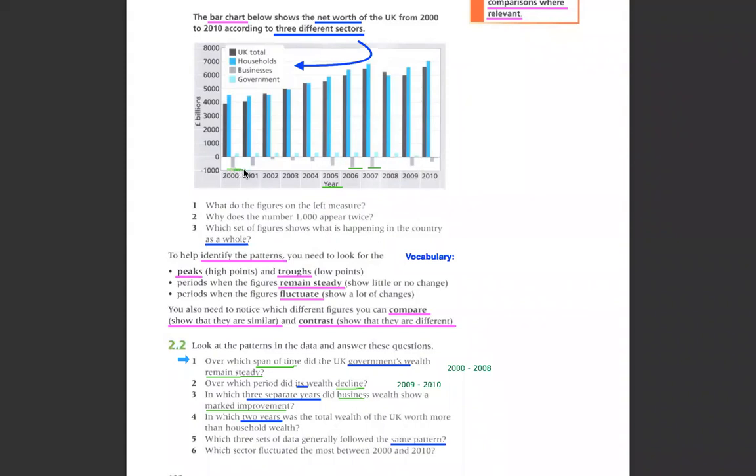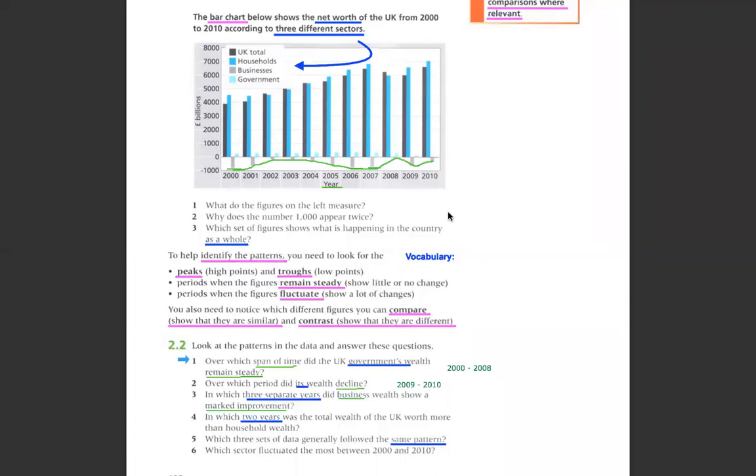So if we draw a line, you're looking for the 3 separate years where it shows a sharp increase.